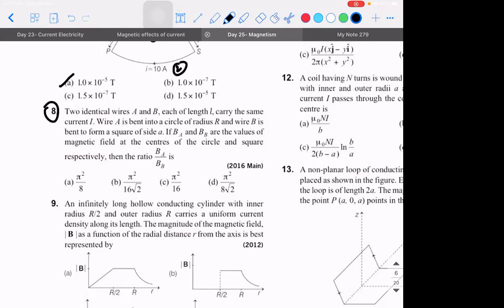Is it lengthy? Pi square by 16, what sir? Not pi square by 16. Pi square by 8 root 2, that's the answer. Pi square by 8 root 2 is the answer.